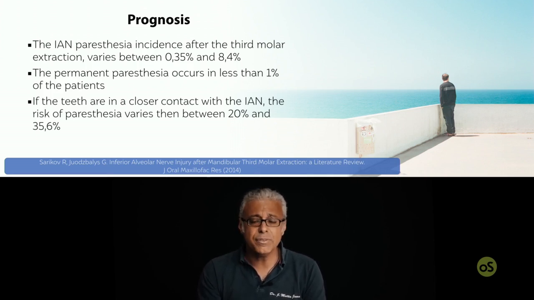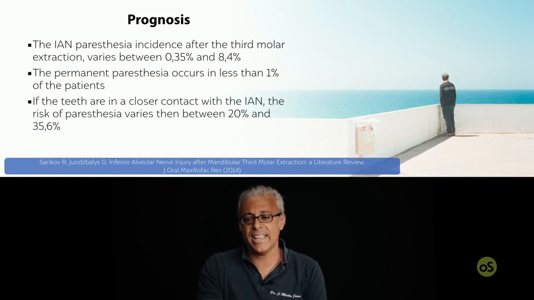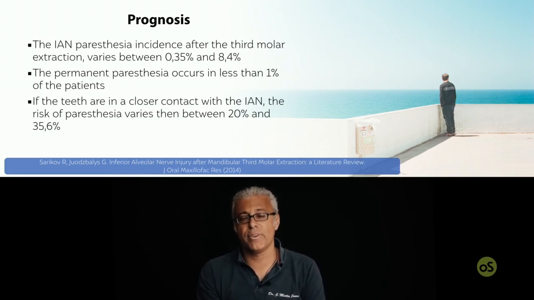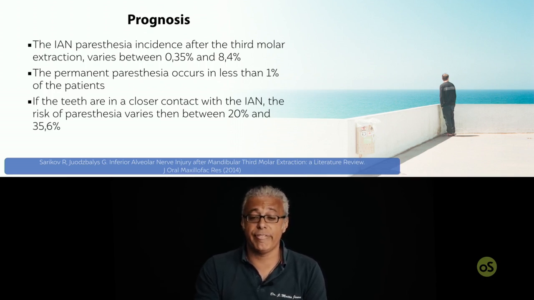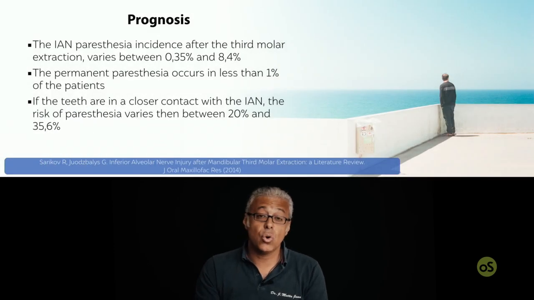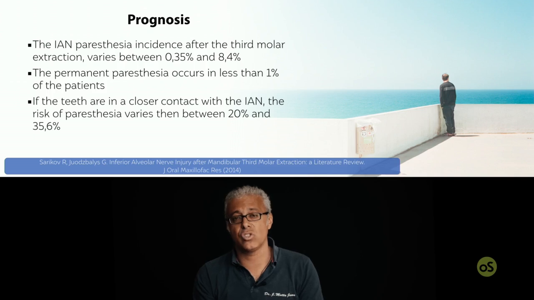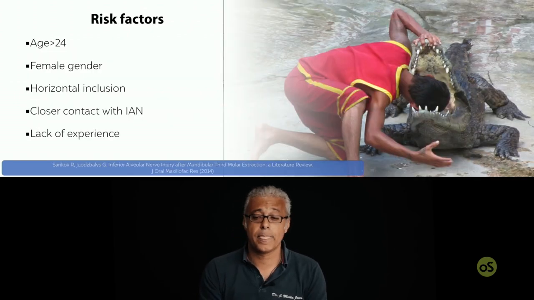But if the tooth is very intimate, very close to the IAN, the percentages and the risk increase up to 20 to 35%, as in this paper. So we have to tell this information to the patient before we perform the surgery, in order to let them be informed and let their choice of having the surgery or not having the surgery be correct.